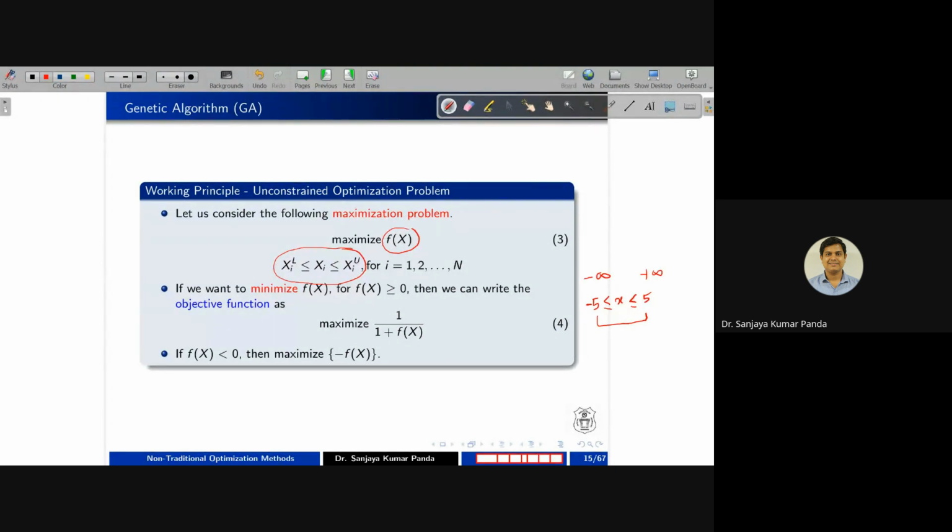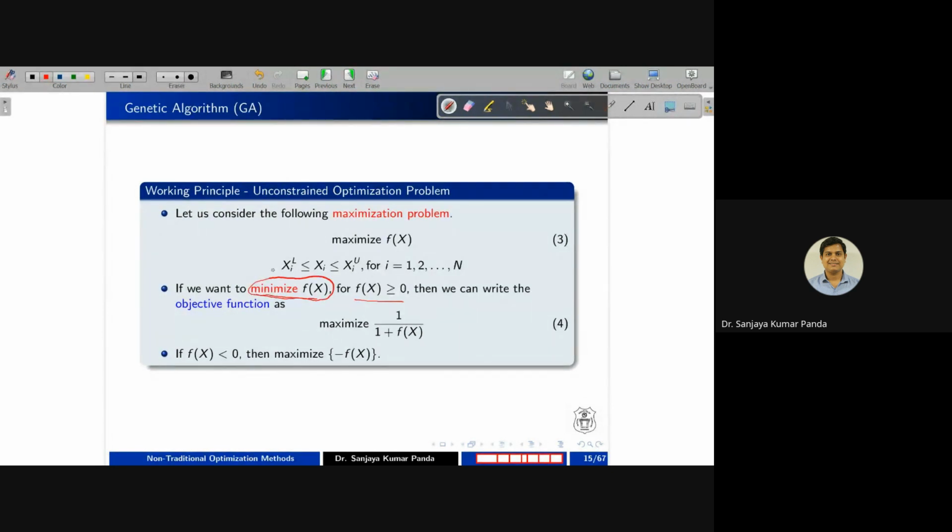But sometimes what happens, problems are not always given to you for maximizing. Sometimes our objective is to minimize it. So in that case, you can convert a maximization problem into a minimization problem, or a minimization problem into a maximization problem as well. For example, if your objective is to minimize f of x and f of x value is greater than equal to 0, then if you want to solve it, it is fine.